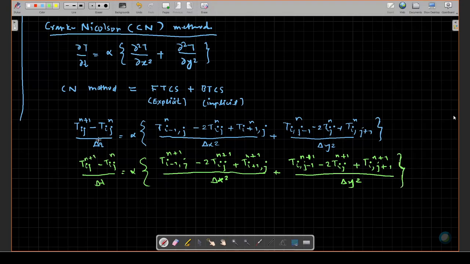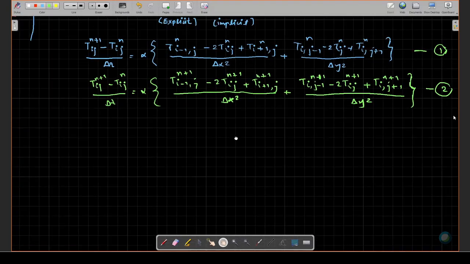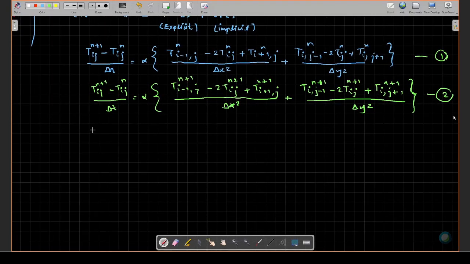Okay. Now you have to sum this. So summing this, what are you going to get? Add equation 1 and 2.